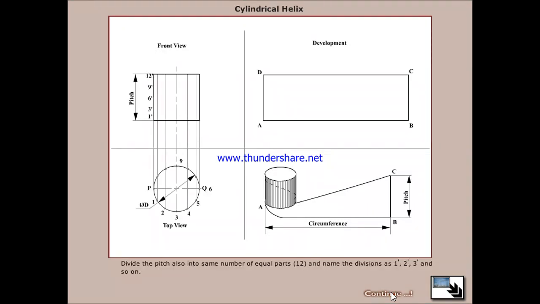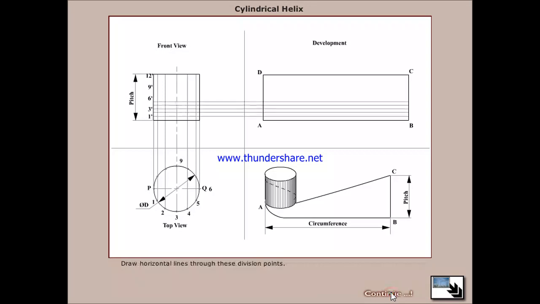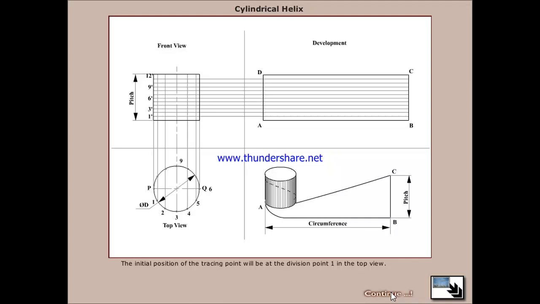Now divide the pitch also into the same number of equal parts, 12, and name the divisions 1, 2, and so on. Now draw horizontal lines through these division points. The initial position of the tracing point will be at division point 1 in the top view.